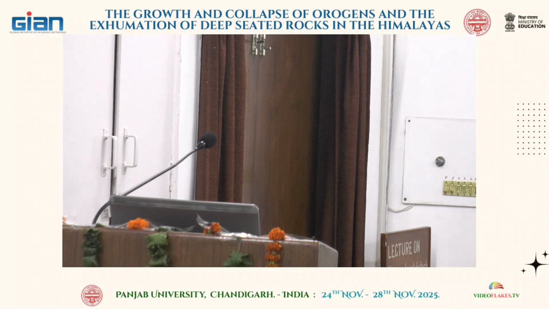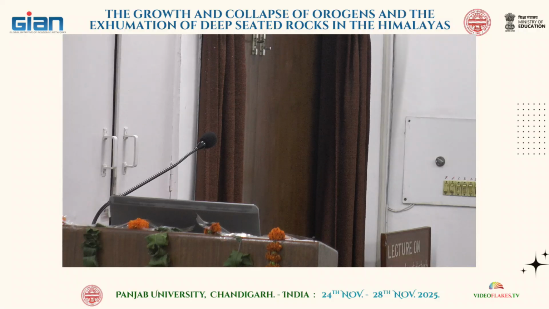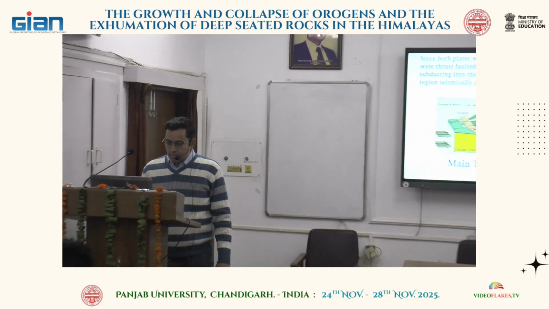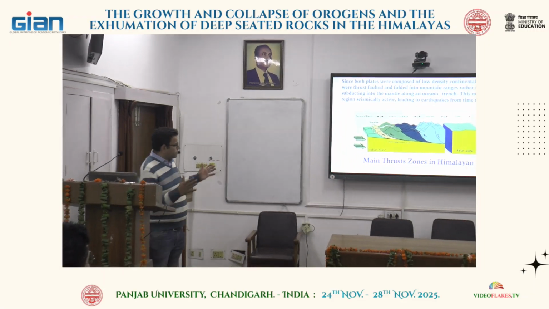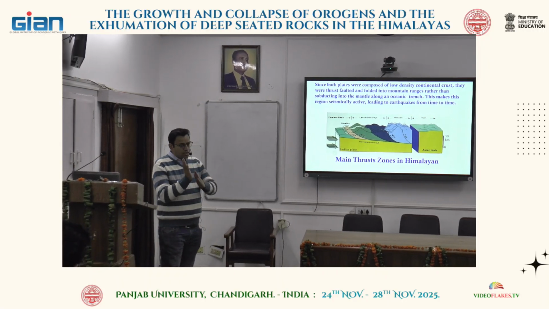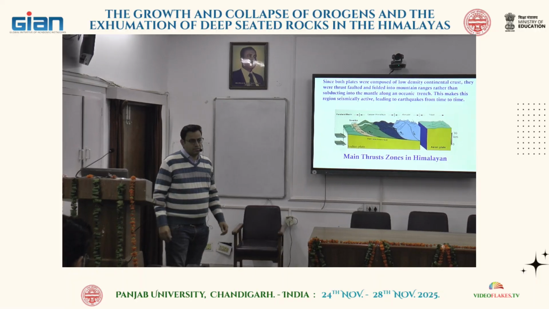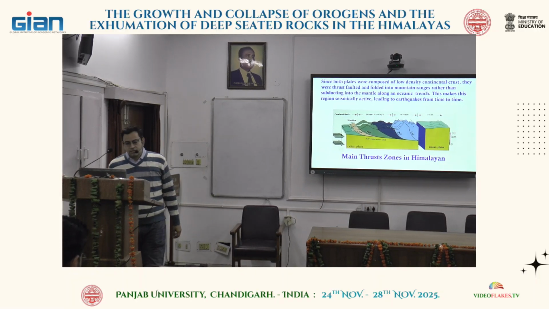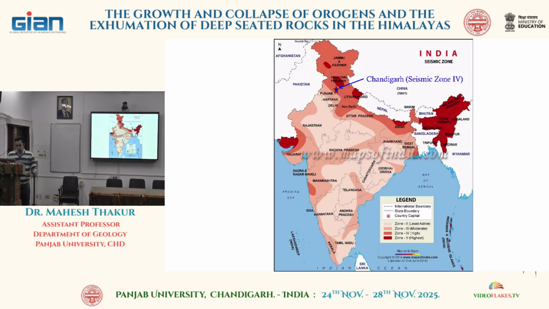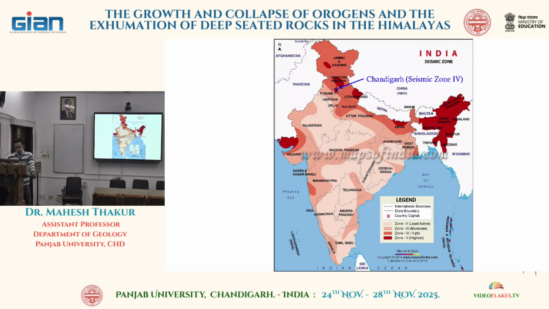We have worked mostly in this frontal part. If we are compressing the Himalaya, any fault can be activated anytime. Maybe one fault is activated, maybe two are activated, or it can be a combination of these things. Chandigarh lies in seismic zone 4.